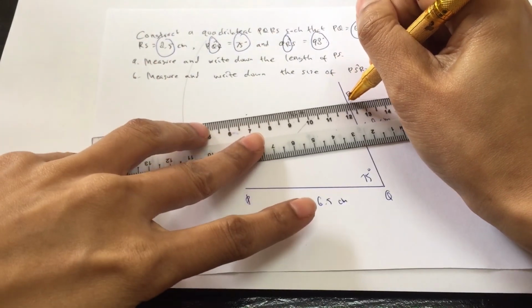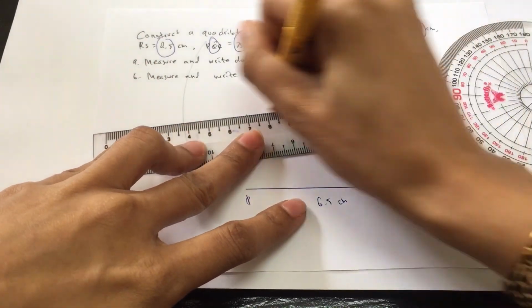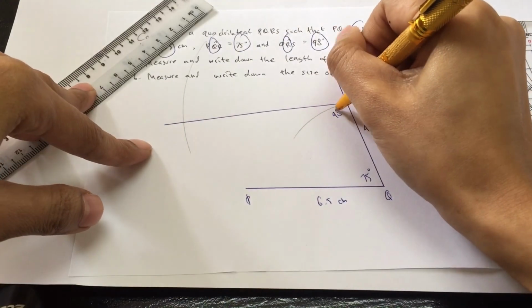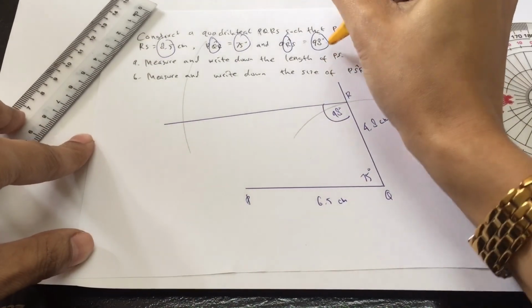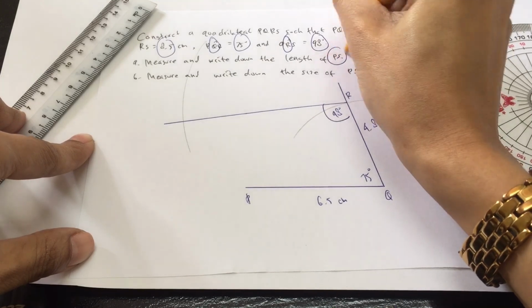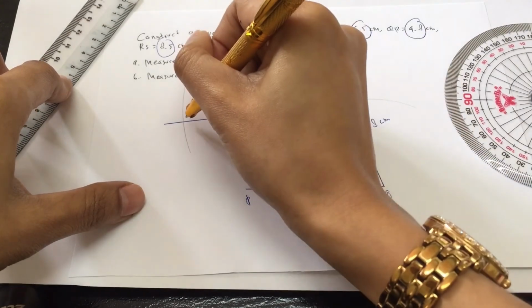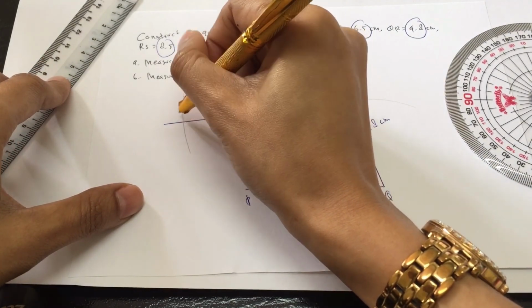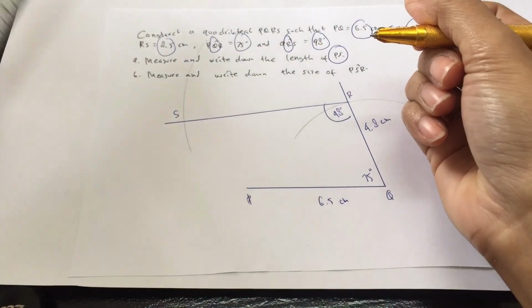And then draw the straight line. So question A, write down the length of PS. The meeting point between the straight line and the arc, label it as S.